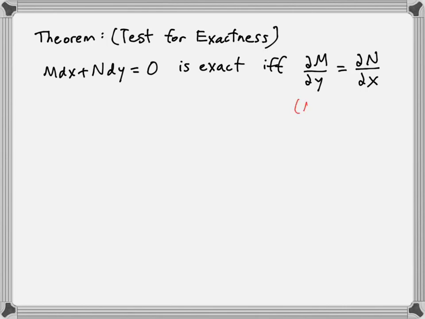Another way of writing that is M_y is equal to N_x. If that condition is true, then that means it is exact. And remember, all it means for something to be exact is that there exists a potential function. We still haven't gone over how you actually find it.